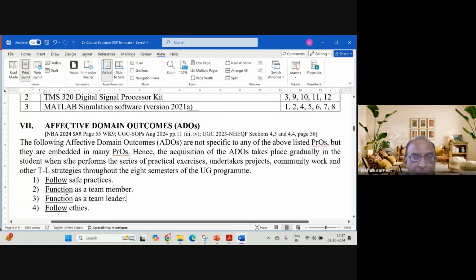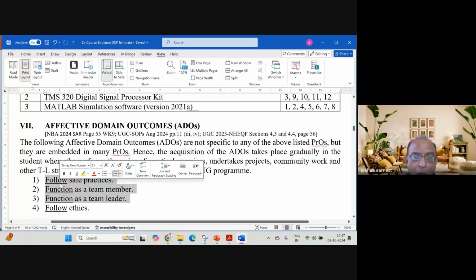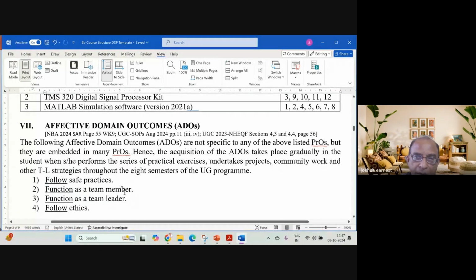So follow safe practices, function as a group leader, function as a team leader. How can you assess this? This is assessed through rubrics which you have to use in the laboratories. So you'll have to develop rubrics to assess the outcomes.